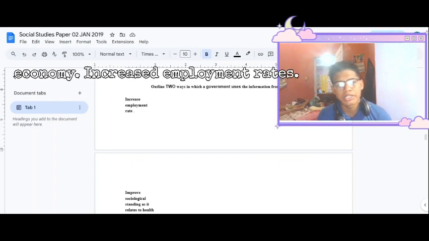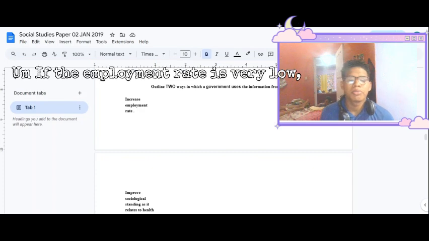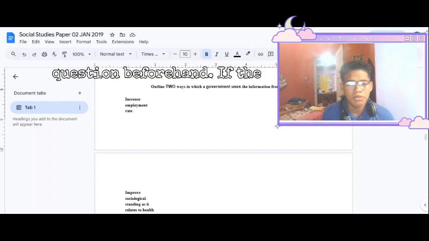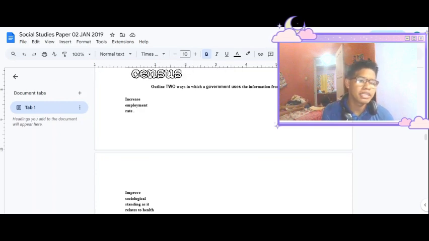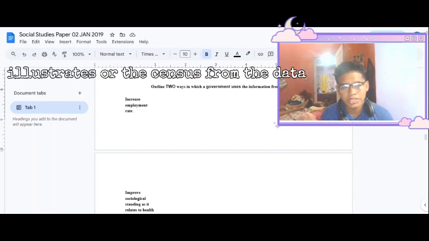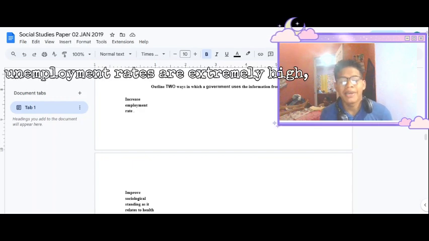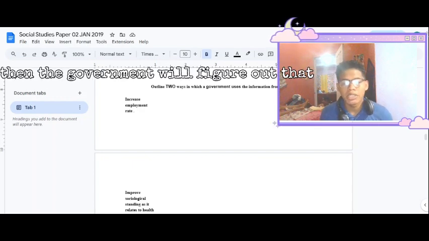Increase employment rates. If the employment rate is very low according to the census, this goes back to the question beforehand. If the data obtained from a census shows that unemployment rates are extremely high, then the government will figure out that we have to act.